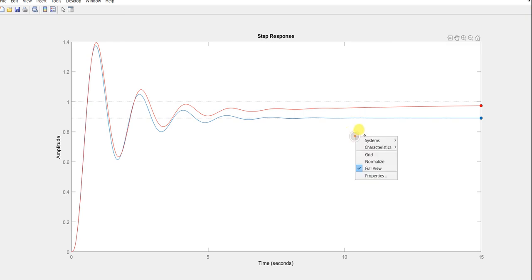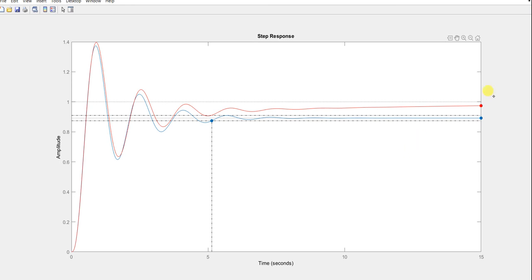The issue with the PI controller that we have here is that it has a large settling time.